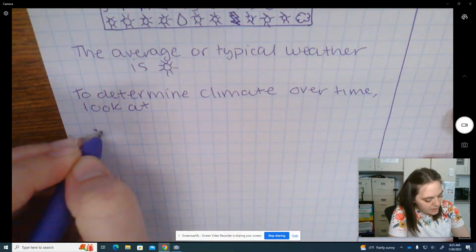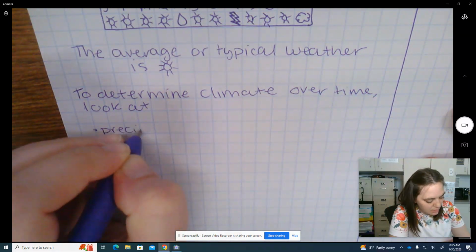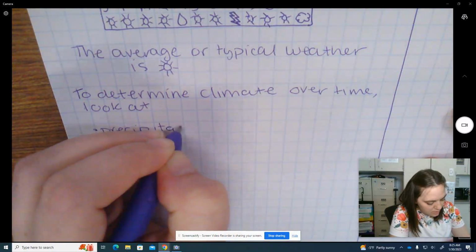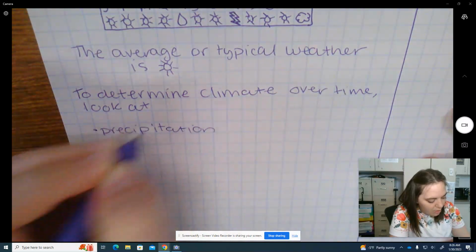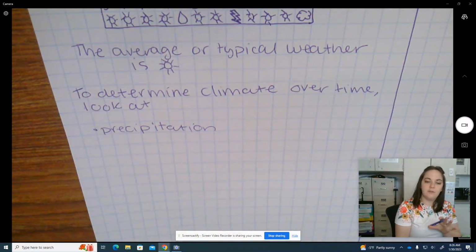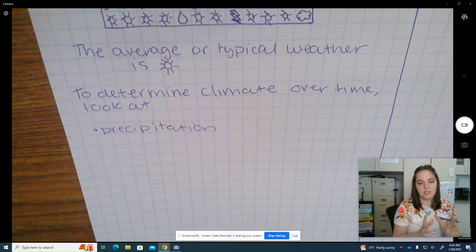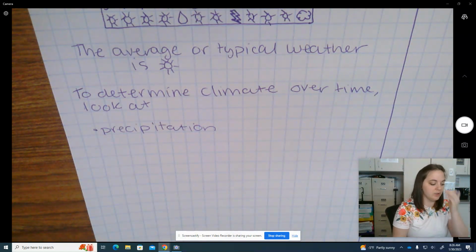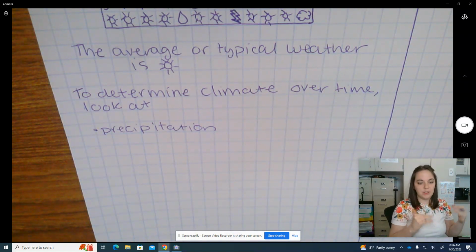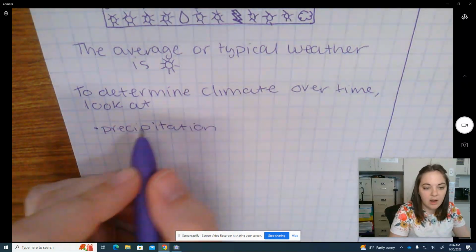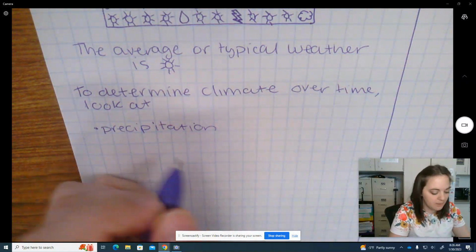The first is precipitation. How much water is falling down in that area? So this can be rain, snow, sleet, hail. Remember, precipitation is all those things. The point is, water goes from the clouds to the ground. How much water is going from the clouds to the ground in the area that you are determining climate?